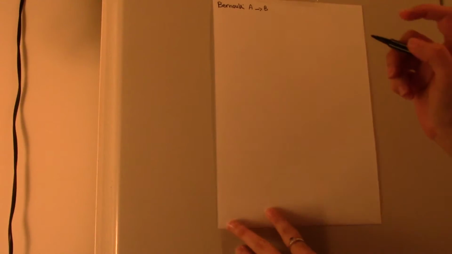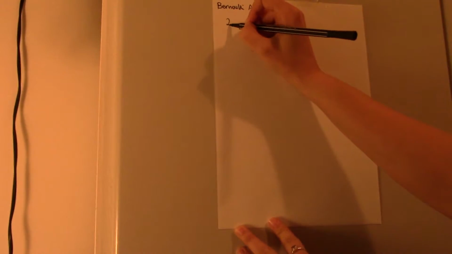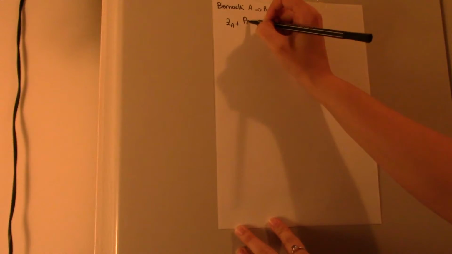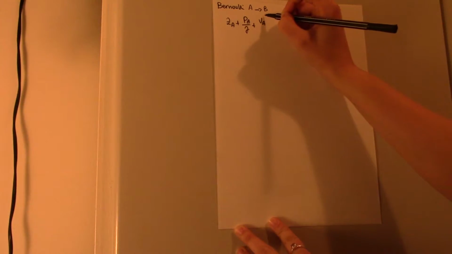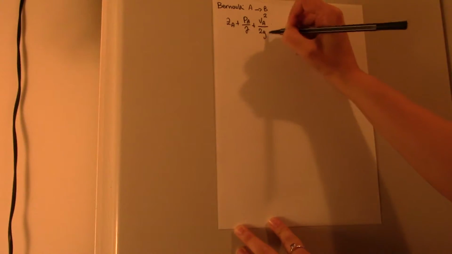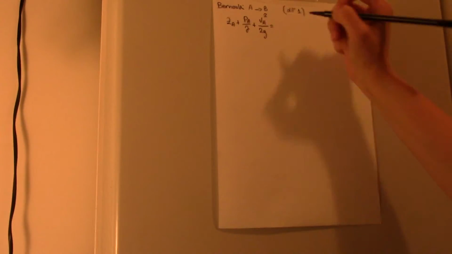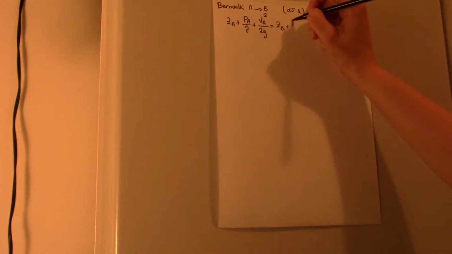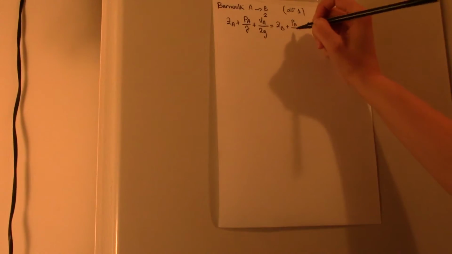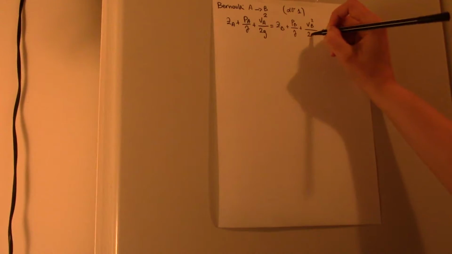So basically, if I apply Bernoulli from point A to point B, I will have ZA plus PA over gamma plus the velocity in section A to the power of 2 over 2g. And everything is equal to, again assuming that the Coriolis coefficient is almost equal to 1, ZB plus PB, the pressure on B over gamma, plus VB to the power of 2 over 2g.